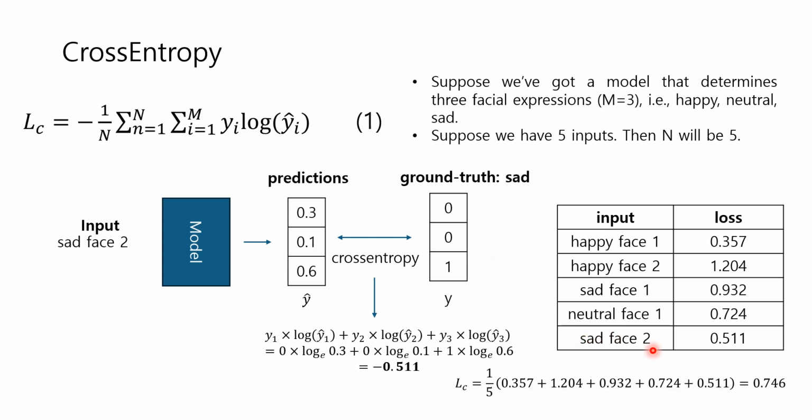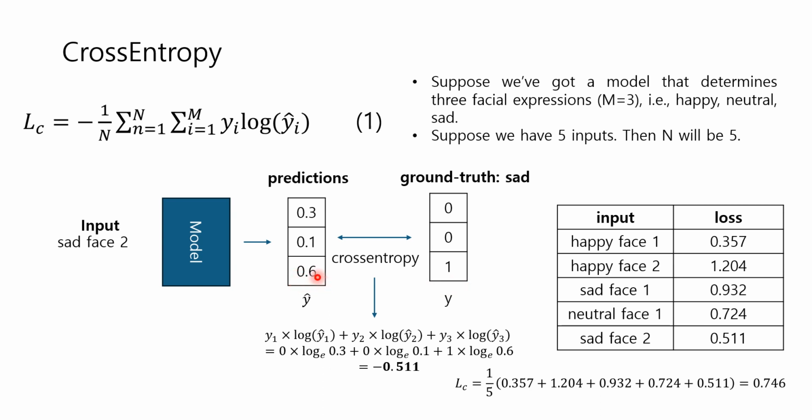So let's fill in the rest of them, and for the last sample, we get 0.511 for the loss value. This time the model predicted it correctly.